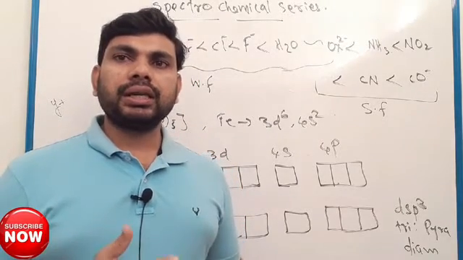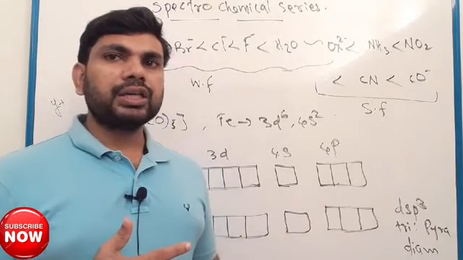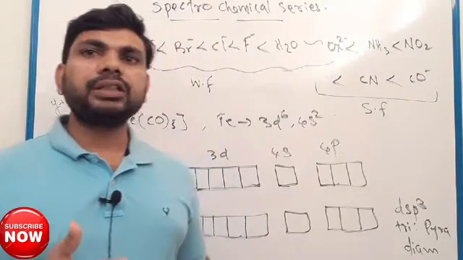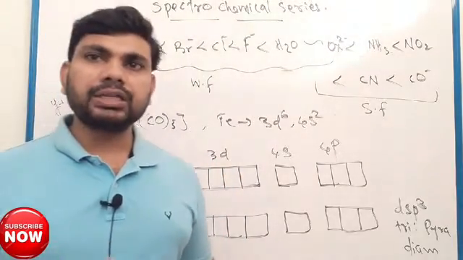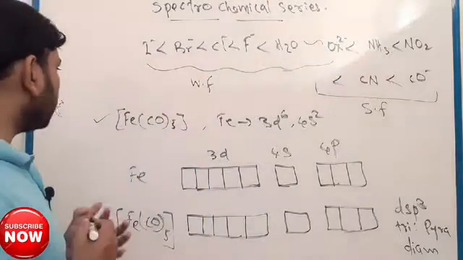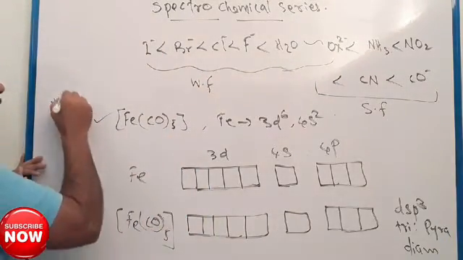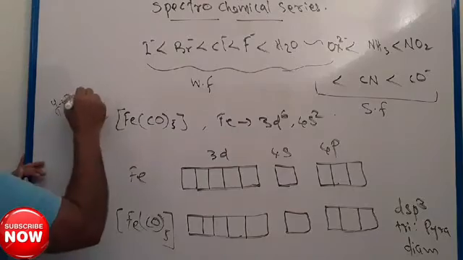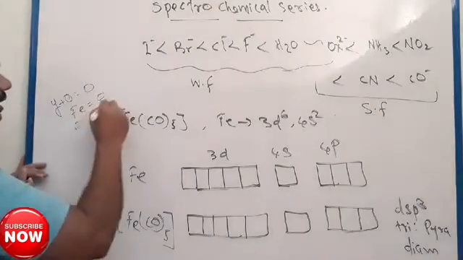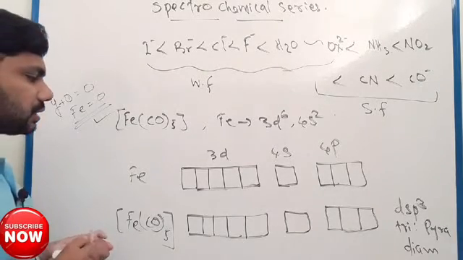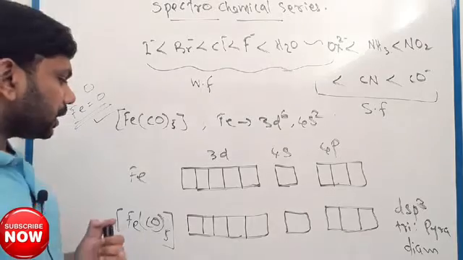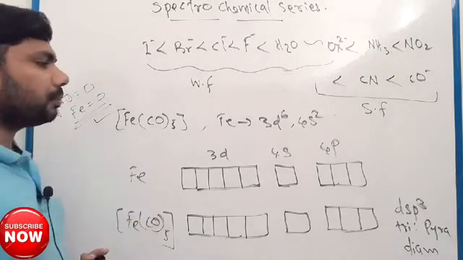NH3 is a neutral ligand, CO is a neutral ligand, ethylenediamine is a neutral ligand, they have no charge. So here Fe is a neutral atom, charge of Fe is 0.